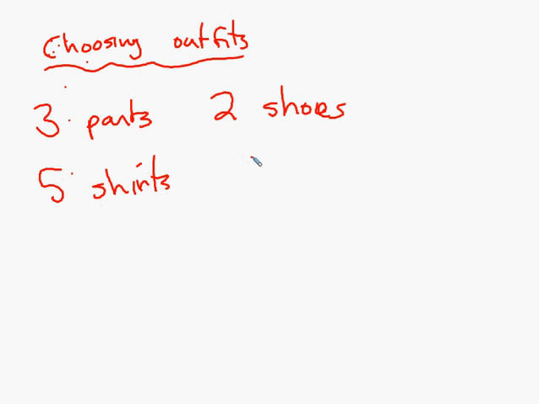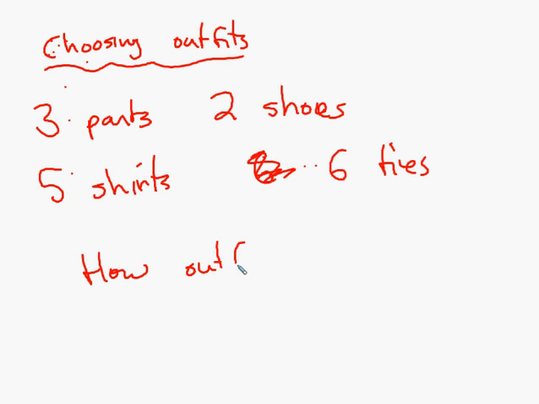Maybe we have 6 ties. All right. So how many outfits are possible? I would say multiplying. 180.